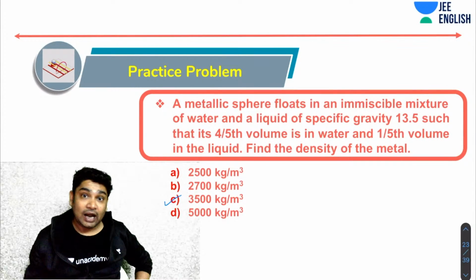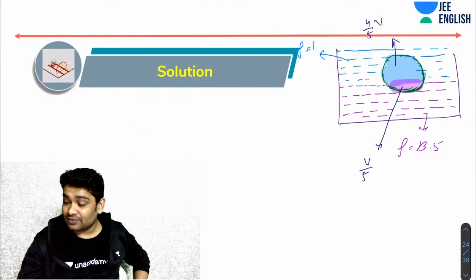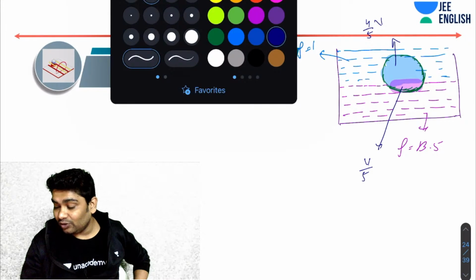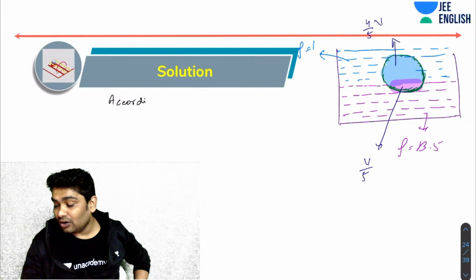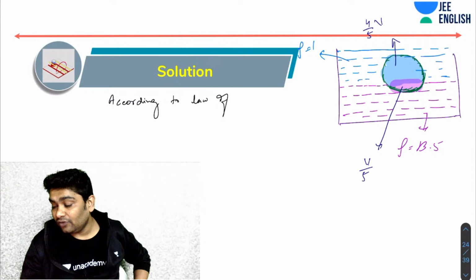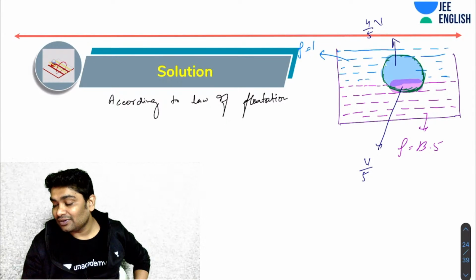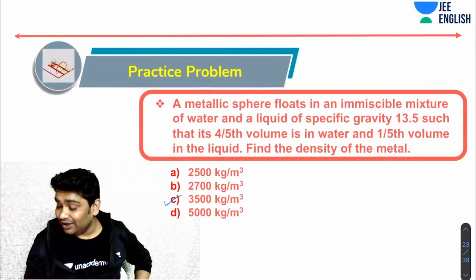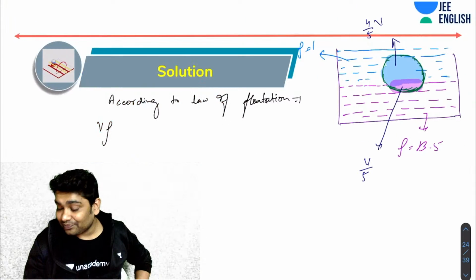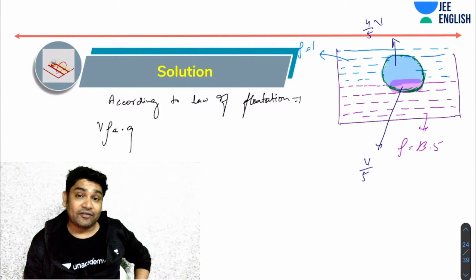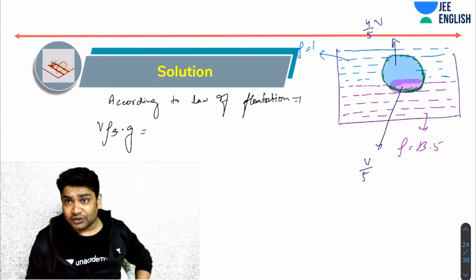Now, with that information, let's go ahead and solve this. Since it is floating, according to the law of flotation, V times rho of the sphere times G should be equal to the net buoyant force it is experiencing. That will be the weight of the two liquids displaced.